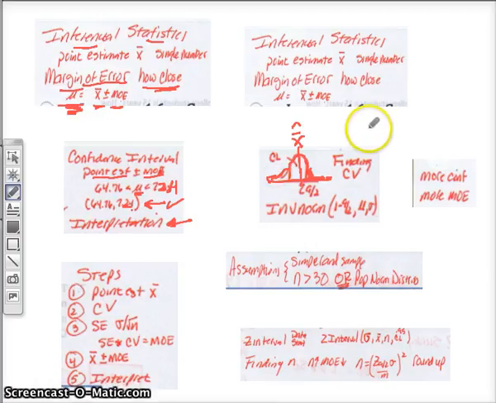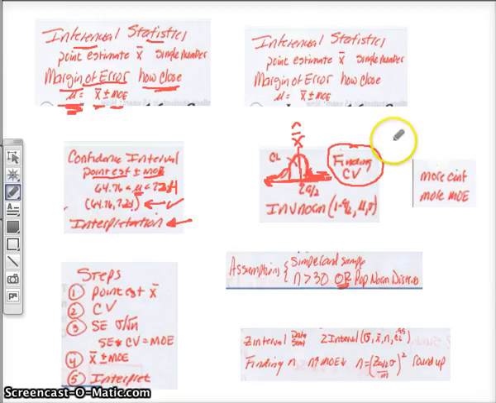Now, if we want to make sure that we include the actual population mean, we could just go wider, okay? Wider is better. Sometimes wider is not better. And so what we're going to do in order to help us with this, we're going to have to find a critical value. The critical value is related to the confidence that we're wanting to be sure that we have included the population mean.